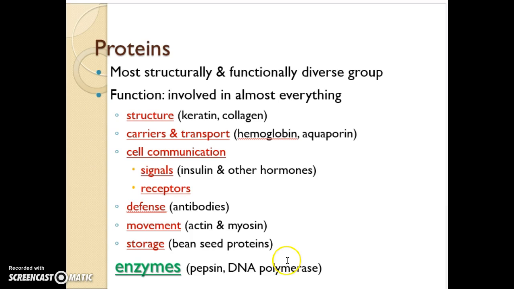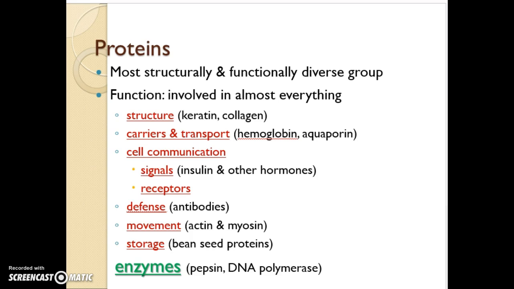But we left off speaking about proteins and the different roles that they play. So again, they account for more than 50% of the dry mass of most cells, and they are essential to life. Their jobs include structural support, storage, cellular transport, cellular communication, movement, and defense against foreign substances.